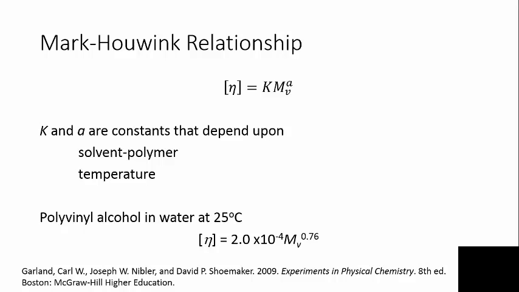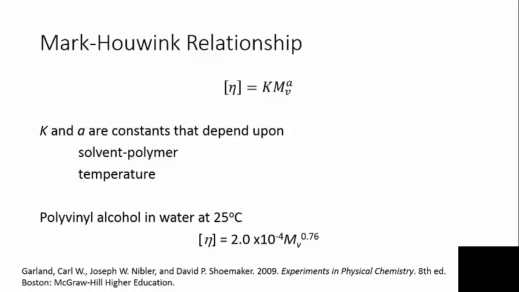It's related by a constant here and then an exponential factor. This is that same exponential factor I mentioned before. So where do these come from? They're experimentally determined. They depend on the particular solvent, polymer combination, and the temperature at which the experiment is measured.